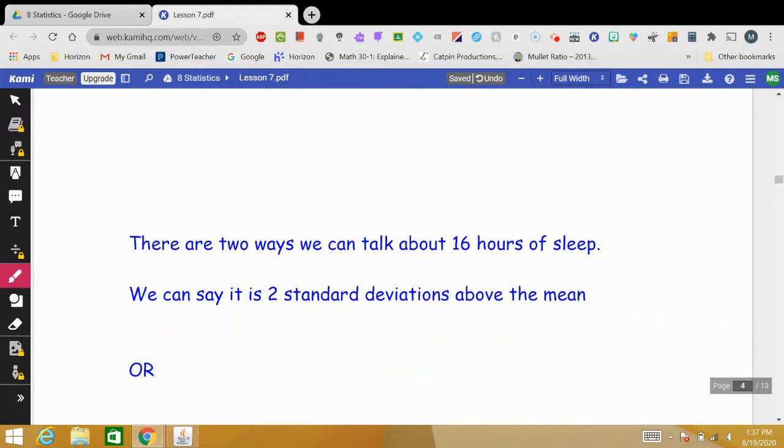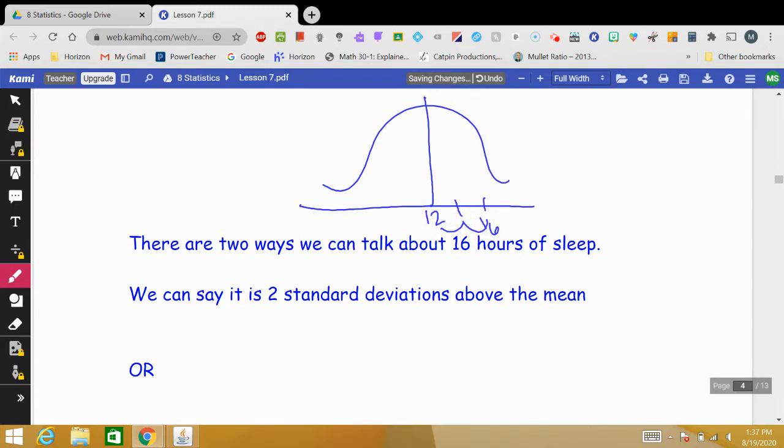So there are 2 ways we can talk about 16 hours of sleep. If you remember, the 12 was right here. The 16 hours was 2 jumps above the mean, 2 standard deviations above the mean. So we can either say that 16 can be represented as the mean plus 2 standard deviations. That's one way to give it a notation.